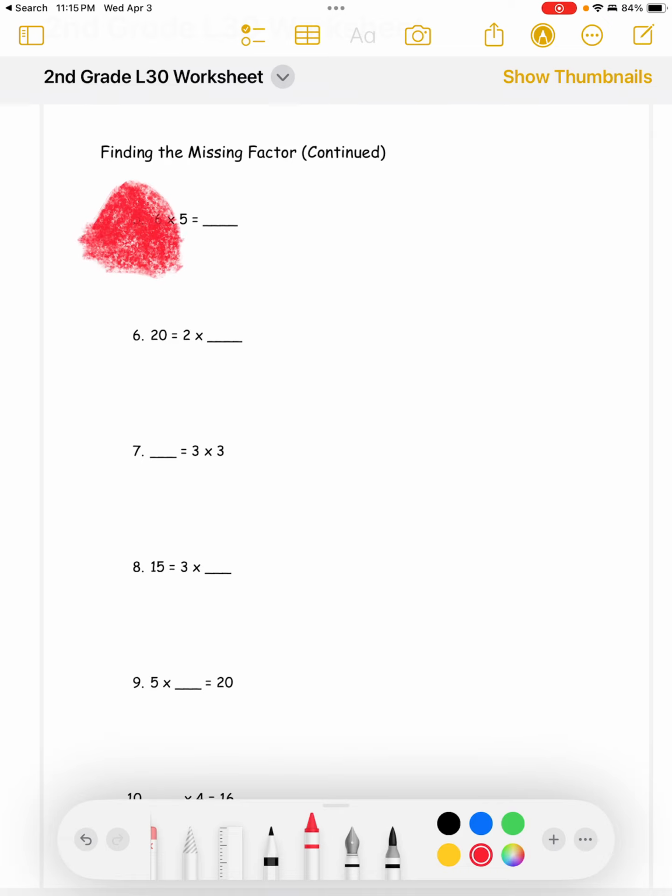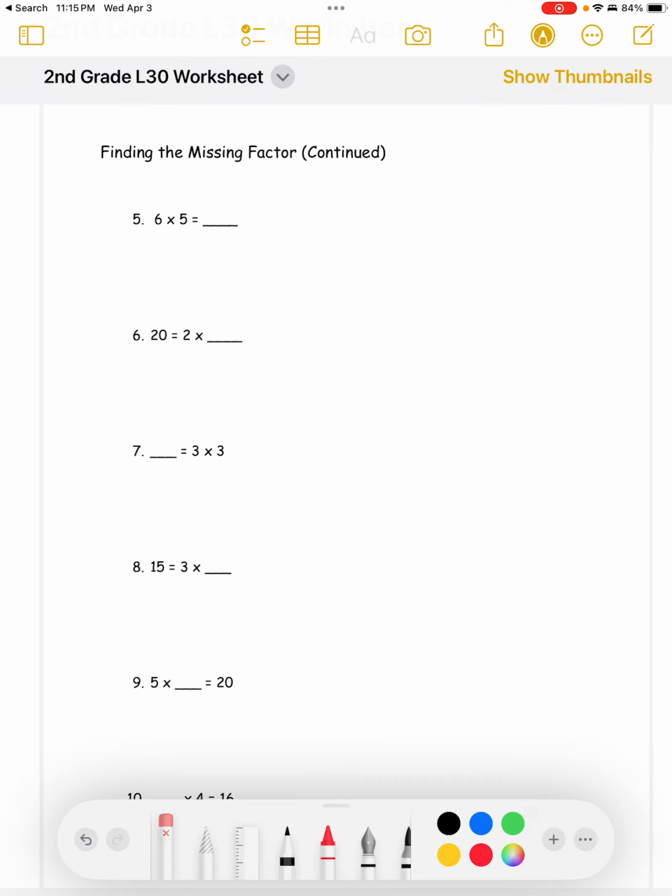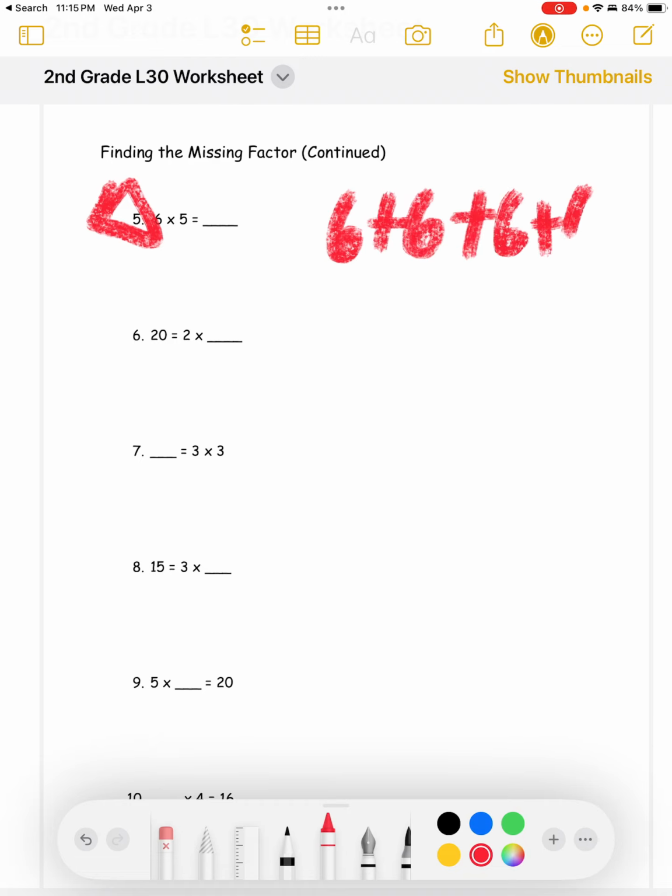Question number 5, let's answer. Okay, question number 5. You can't see it. Question number 5, it says 6 times 5 equals blank. We can think of this by adding 6 5 times. So 6 plus 6 plus 6 plus 6 plus 6.